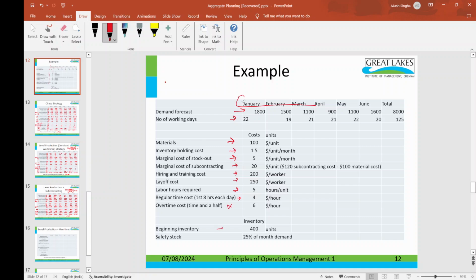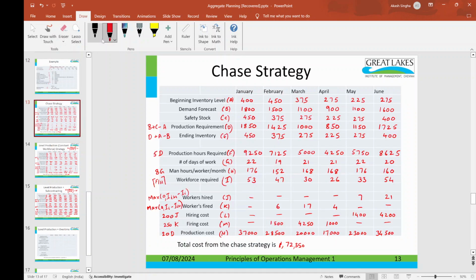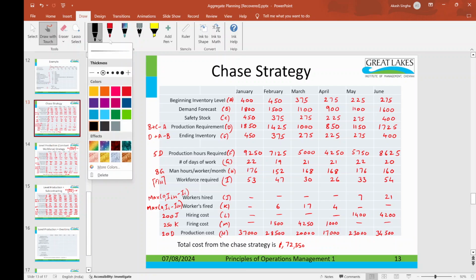Beginning inventory is 400 units, safety stock is 25% of monthly demand. Now what we will do is go through the 3 or 4 strategies which were discussed in the class.